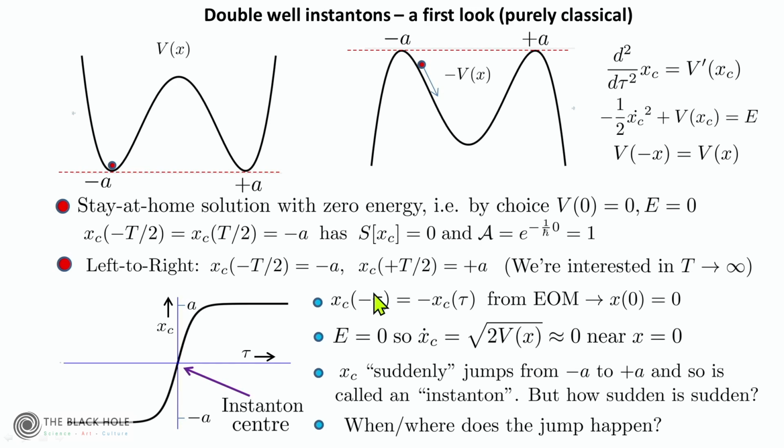So you see that at t equal to 0, here x is 0. I should have put a c over here. I missed that out. But you see that it's there all the time, and here it's there all the time. It's only very, very close to here that xc suddenly jumps from minus a to plus a.